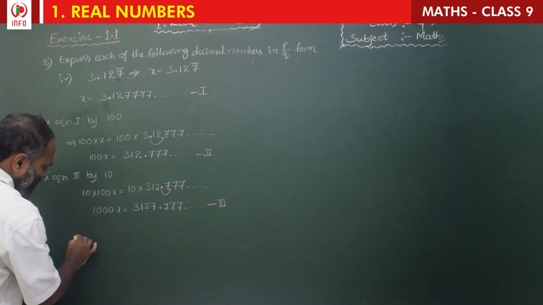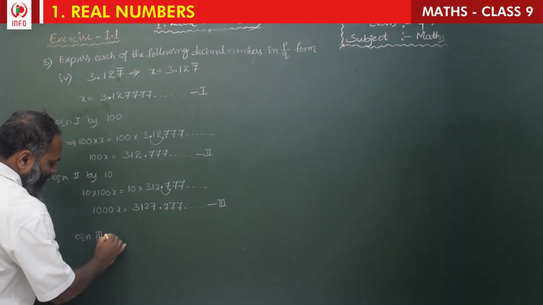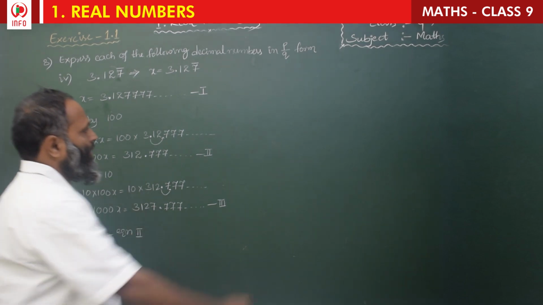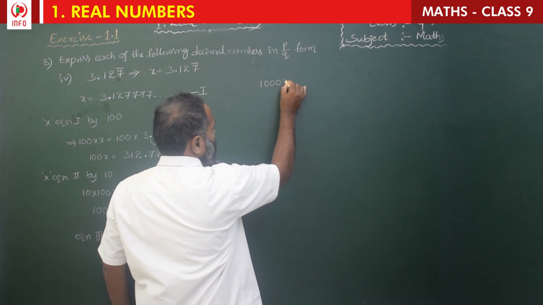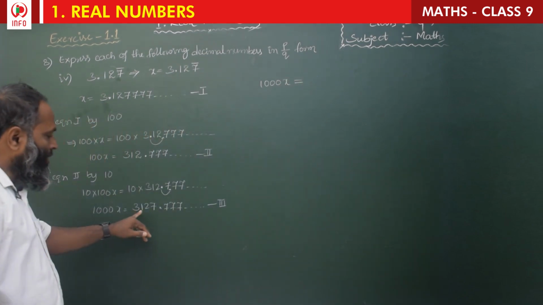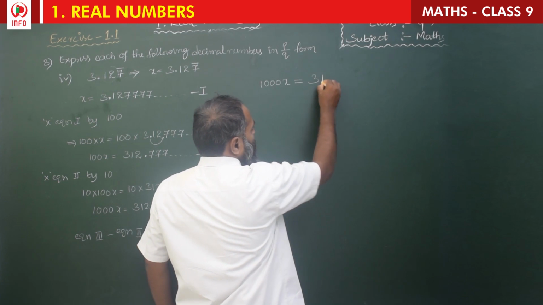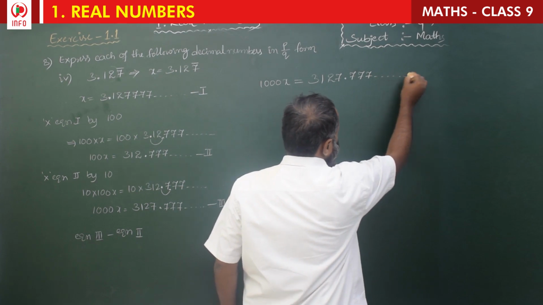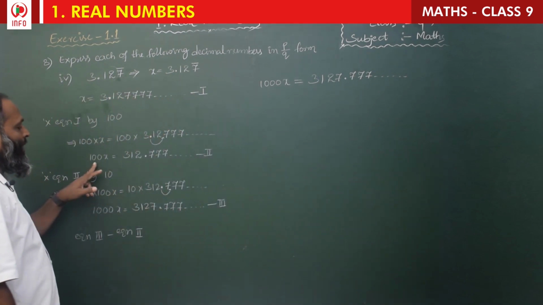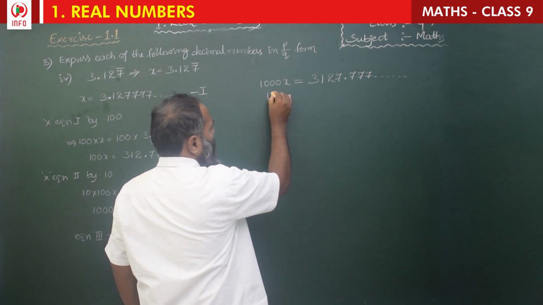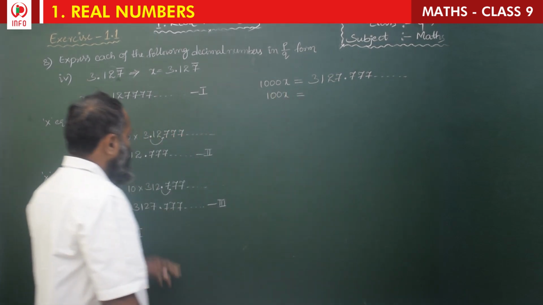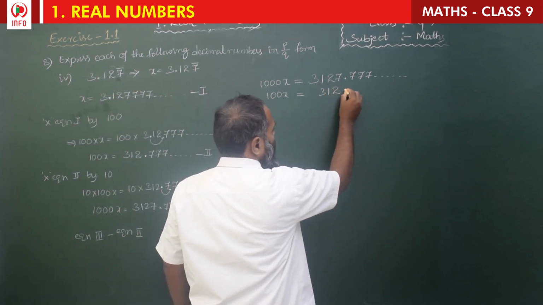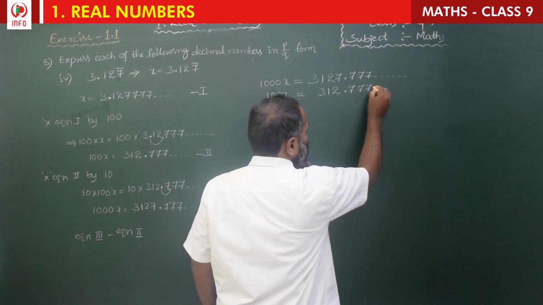Now what to do? Equation 3 minus equation 2 we should do. What is equation 3? That is 1000x is equal to 3127.777 and so on. Equation 2, 100x is equal to 312.777 and so on.